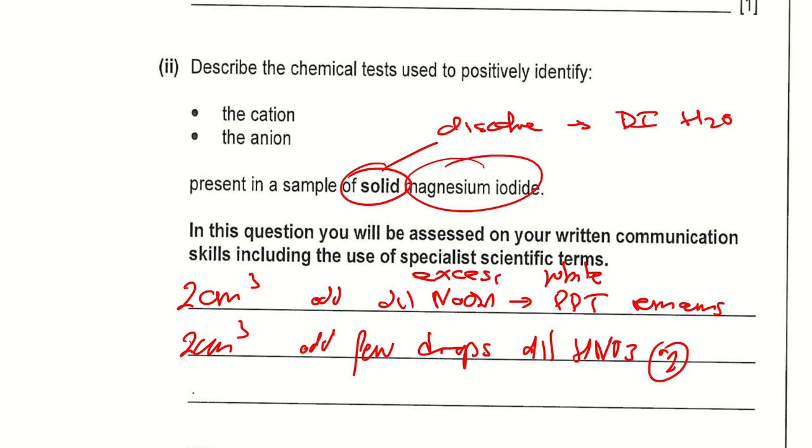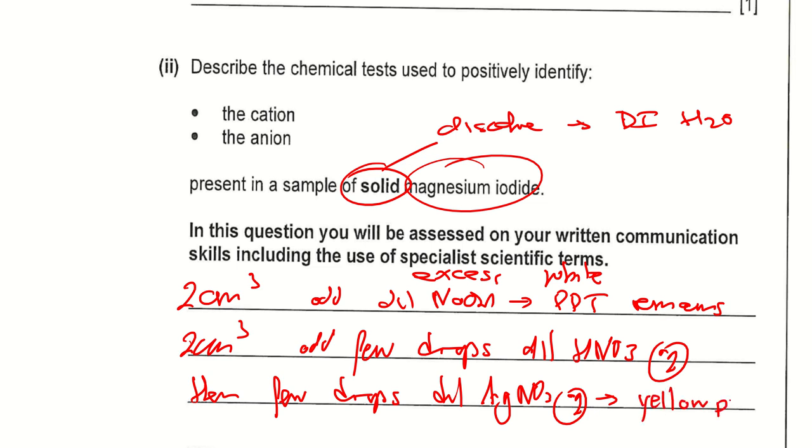Then I add a few drops again of dilute silver nitrate, and remember you've got to say that's a solution. If there's iodide ions in there, I will get a yellow precipitate. And that's all the information you need to get full marks, guys.